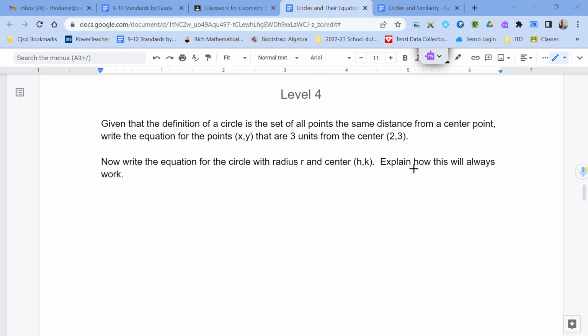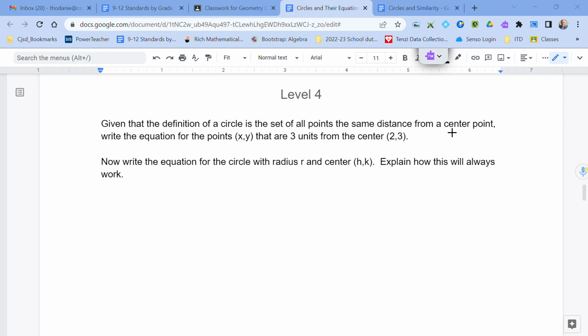I know that the points on the circle, which I might call X, Y, have to be 3 units away from the center, 2, 3, the center, right? So I know that's true.